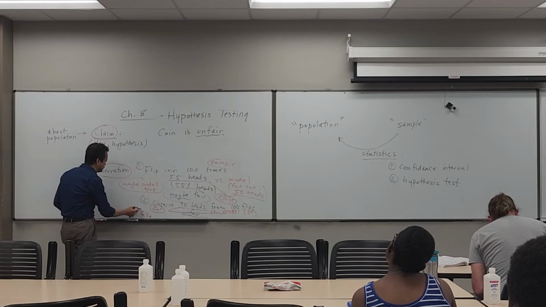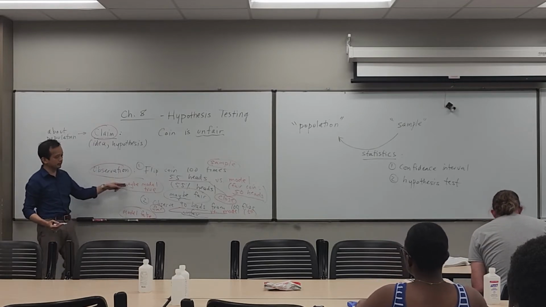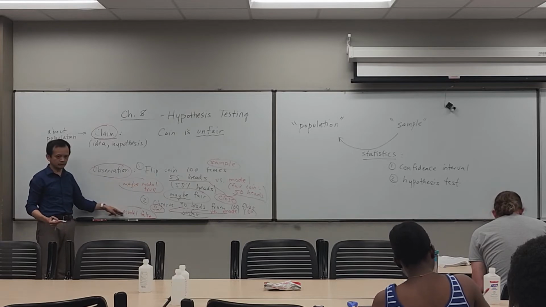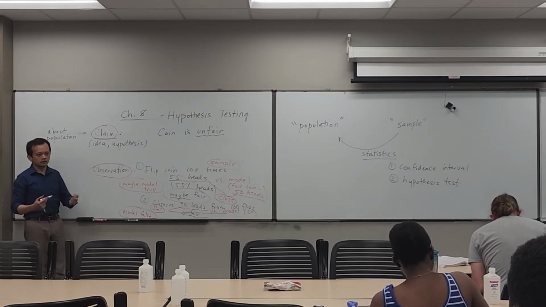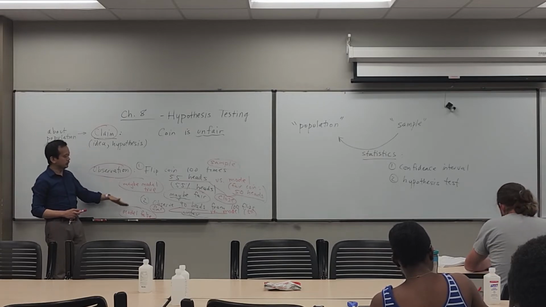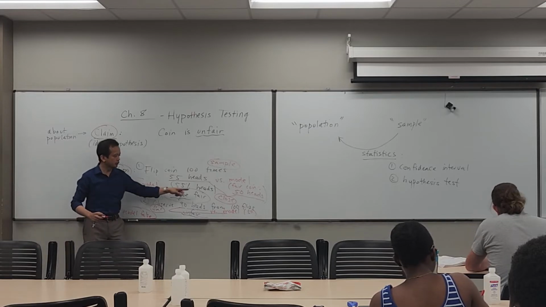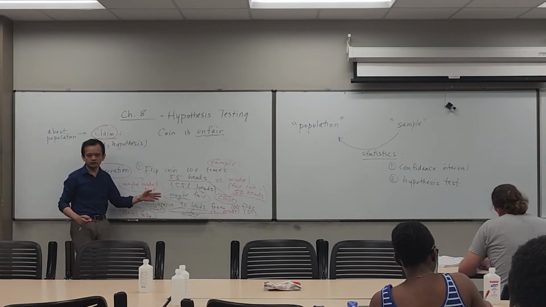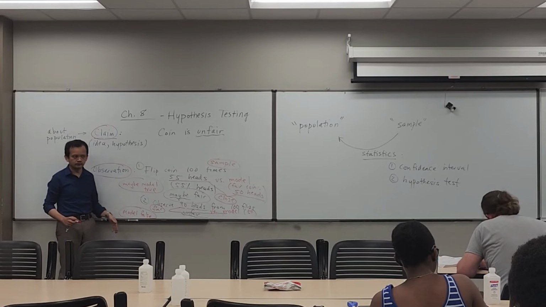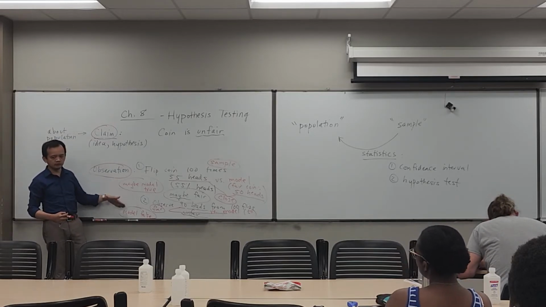In the end, you're going to reach one of these two conclusions. The one you end up using is based on whether the observation is close to the model or whether the observation is too far apart from the model, in which case you would be in one of these two camps.